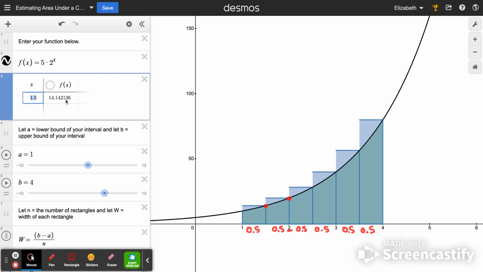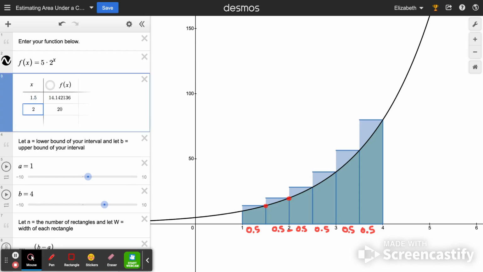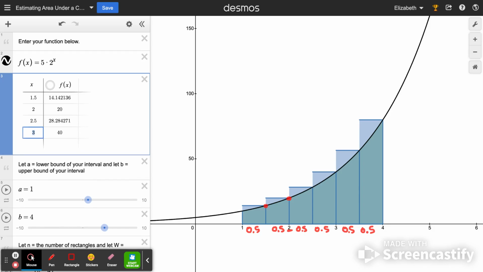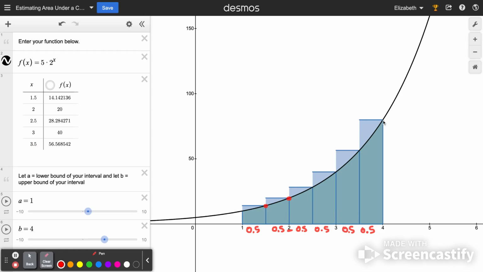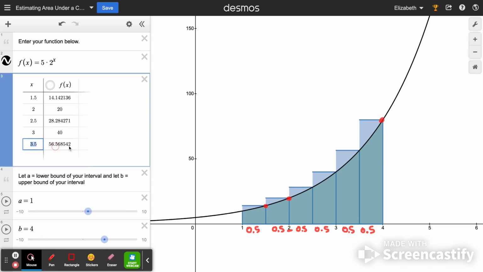So I'll go back to my table and I will plug in 2. After that, I want to plug in 2.5. And actually, as you can see, Desmos is noticing the pattern and already guessing what I want to do. So I plug in, hit enter, 3.5. Quickly, before we keep going, we'll see that we want to stop at 4. That's going to be the height of this last rectangle.